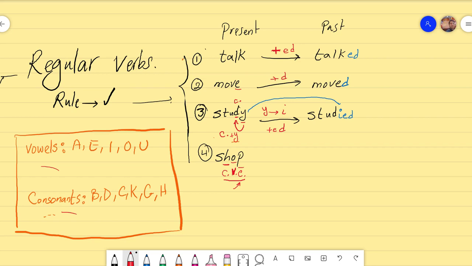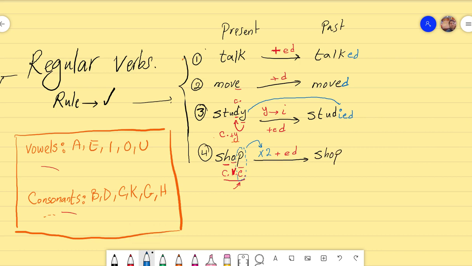So, not the beginning, at the end of the verb. So when we have consonant, vowel, consonant at the end of the verb, what do we do? We double the last consonant and then add ed. So what would it be?